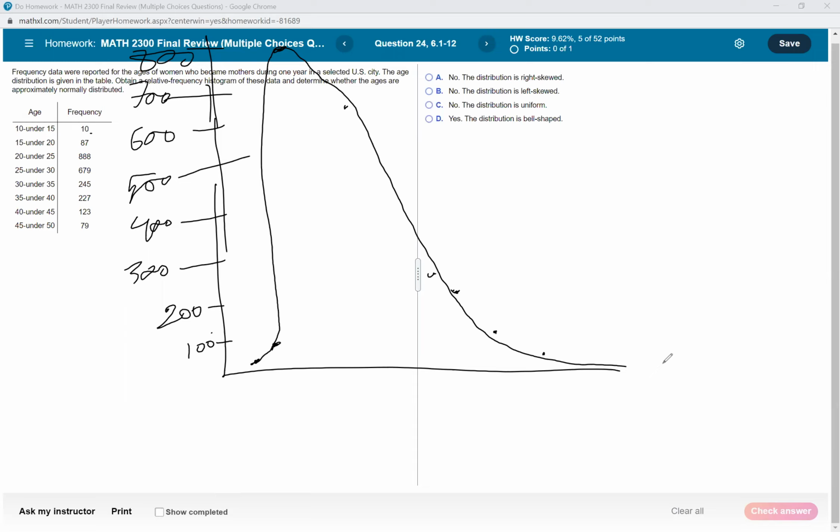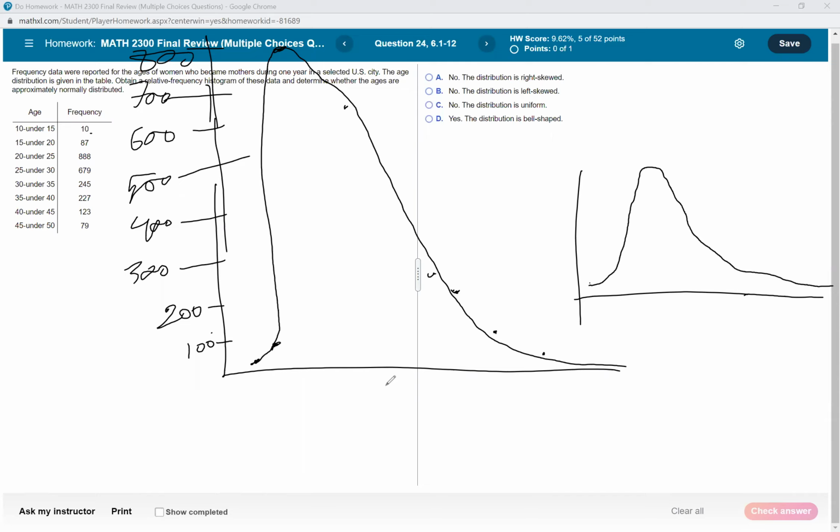So what do you think? Is it right skewed, left skewed, uniform, or bell shaped? The shape is something like this. Is it right skewed, left skewed, or symmetric?